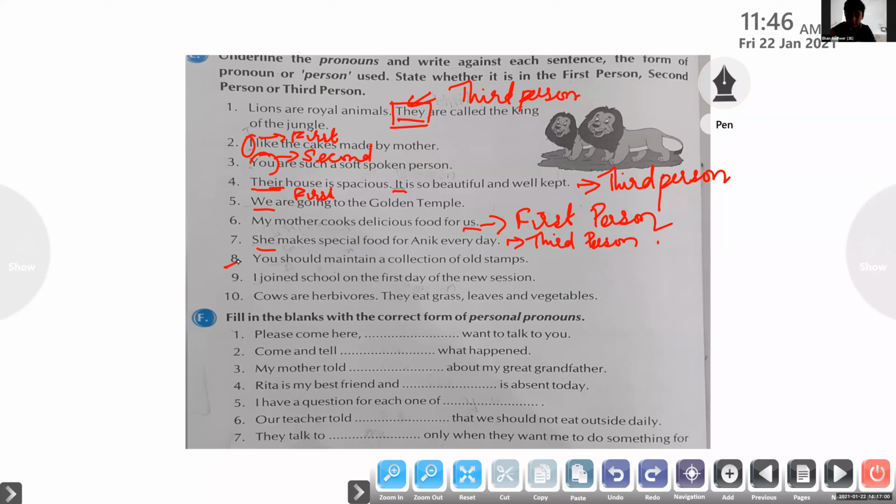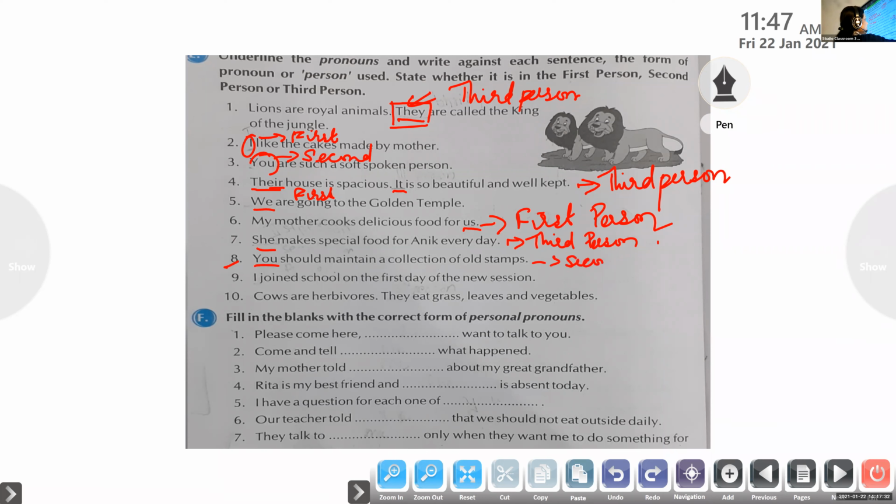You should maintain a collection of old stamps. So, you, very good. Which person does it stand for? Second person. Very good, second person. It stands for second person.